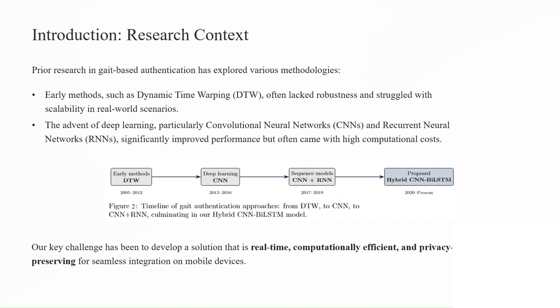Later, CNN combined with RNN hybrids appeared, better at sequence modeling but still computationally heavy. Our work advances this by using a hybrid CNN BiLSTM which balances accuracy, efficiency, and real-time feasibility on mobile devices.